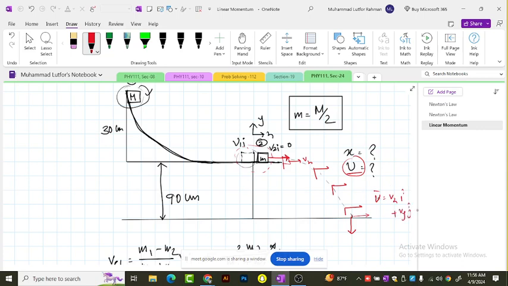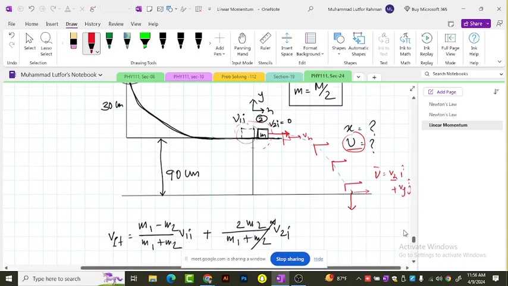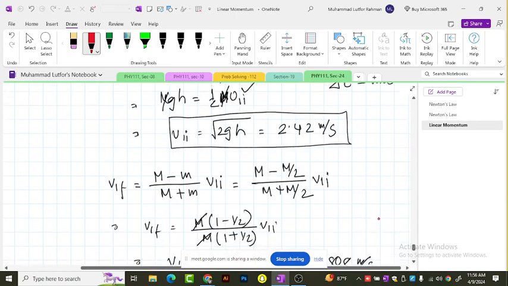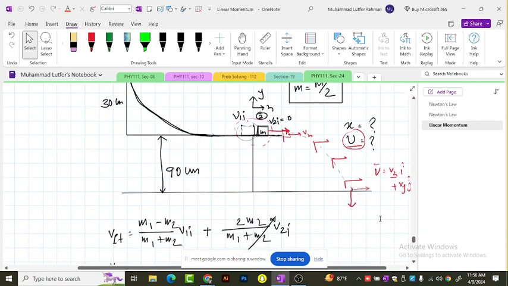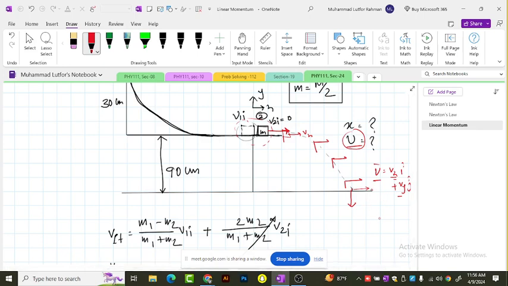So Vx you found for these two blocks, and now I have to find the Vy. Vx is different, although Vy is the same, so the total velocity would be different. Did you get that? Yes, the velocity would be different. Now, what is your question?